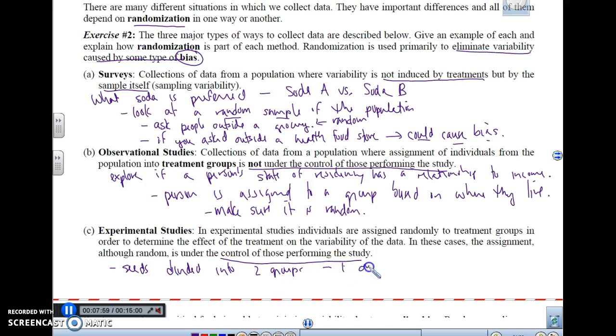One with organic fertilizer, and the other with synthetic fertilizer, and then you see how they grow.